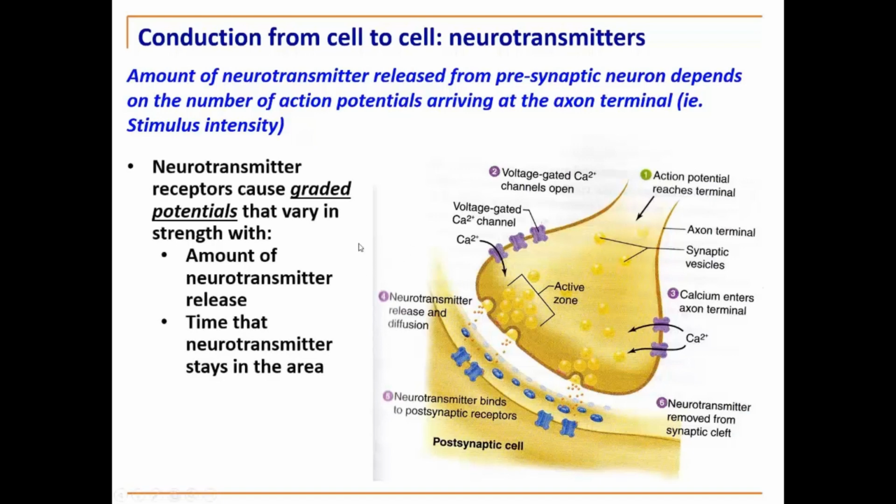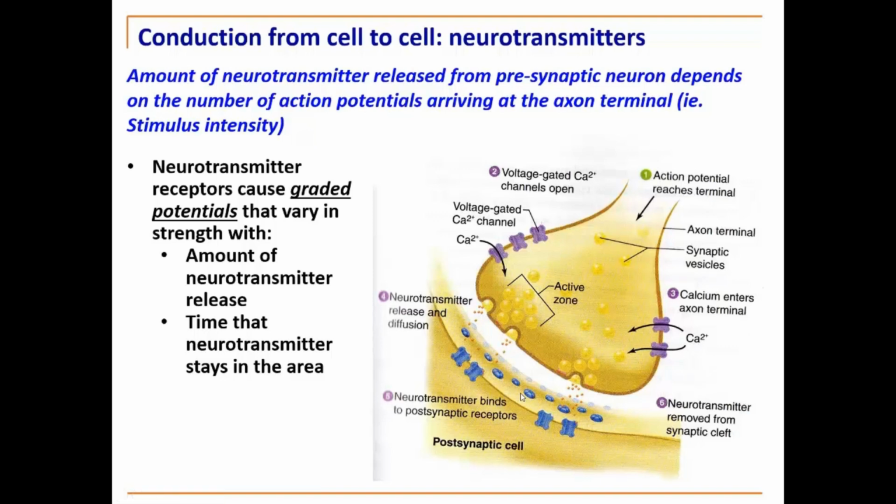And so the neurotransmitter is released, binds to a receptor on the postsynaptic neuron, and this generates a graded potential that varies in strength with the amount of neurotransmitter released and the time that neurotransmitter stays in that area, stimulating the receptors. So basically, the presynaptic neuron releases neurotransmitter, causing a graded potential in the postsynaptic cell.